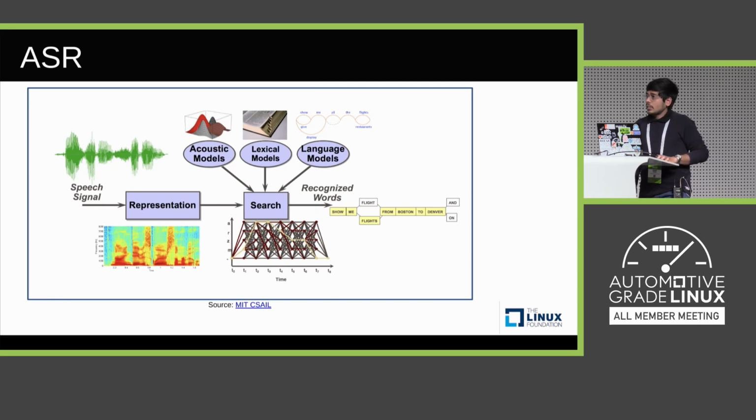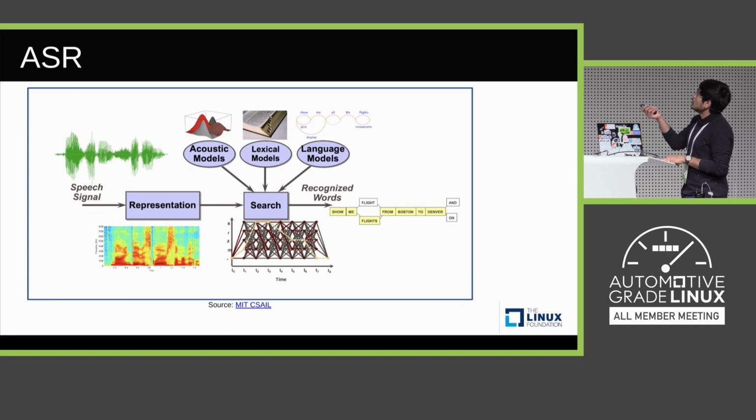The main steps involved, as you can see in the diagram, are representing the signal, doing some pre-processing, using some of these models to do the recognition, and finally combining all the outputs and results together.